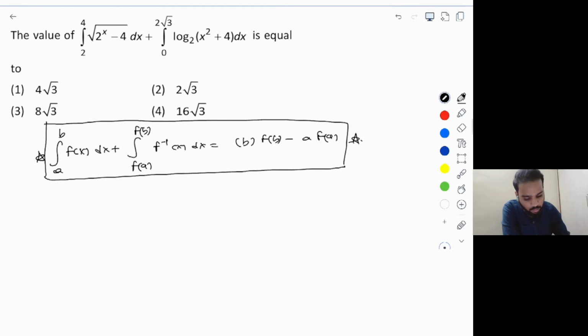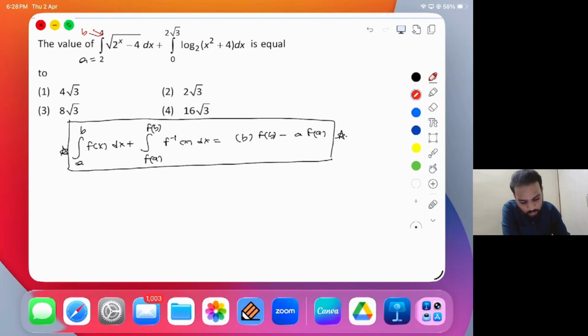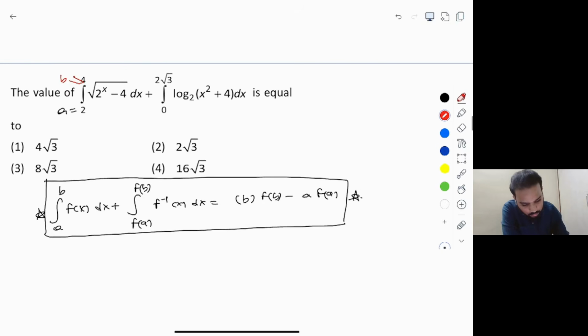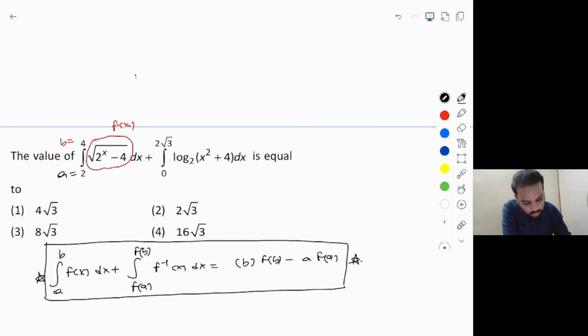Okay. So what I'm going to do is obviously I'll take a equal to 2, I'll take b equal to 4, and this is your function f of x. But we know how to find the f inverse function, right? So let's take f of x, which is equal to square root of 2 power x minus 4. Using the usual process for finding the inverse, from there you get 2 power x is equal to y square plus 4.